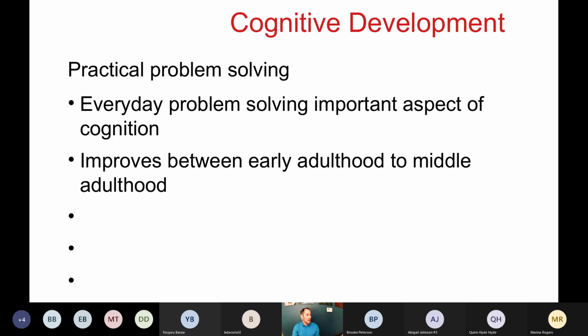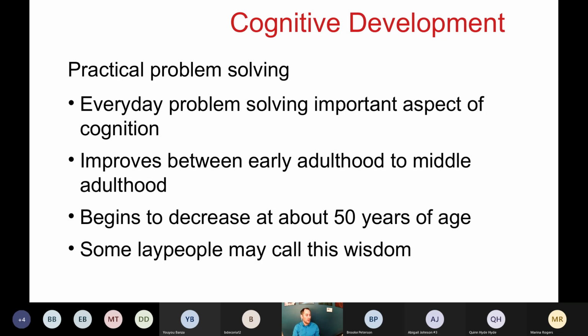Everyday problem solving is something we use our cognition for every day, and this tends to increase between early adulthood and middle adulthood, and then it doesn't tend to decline until late middle adulthood. You might call practical problem solving wisdom.